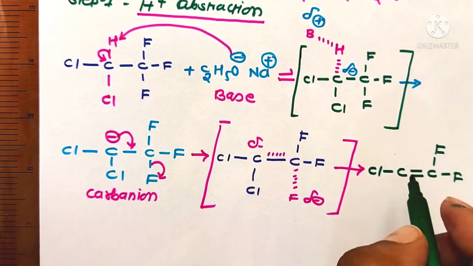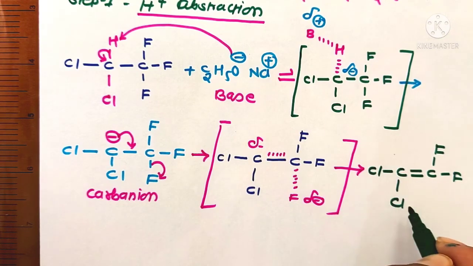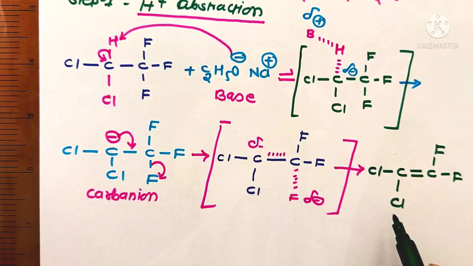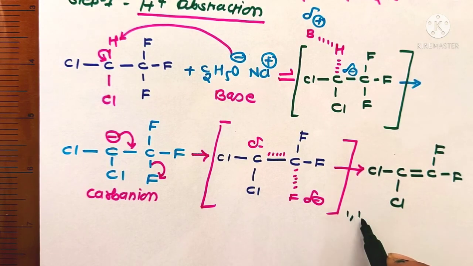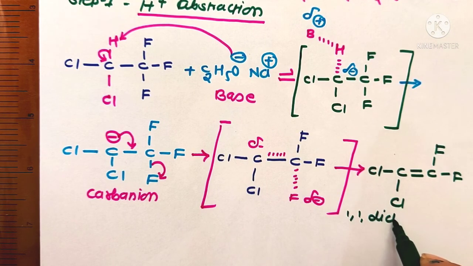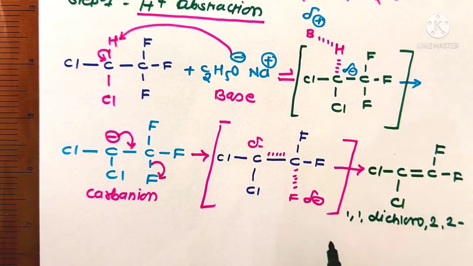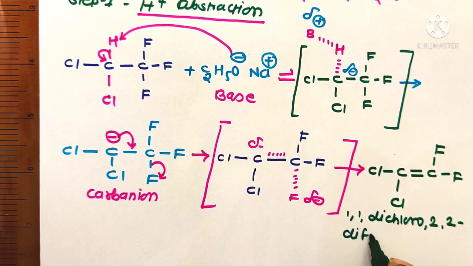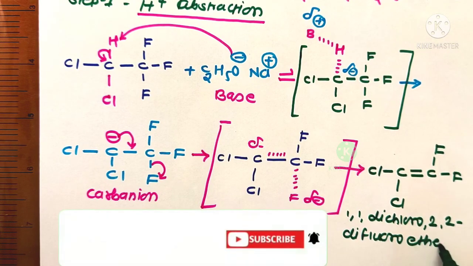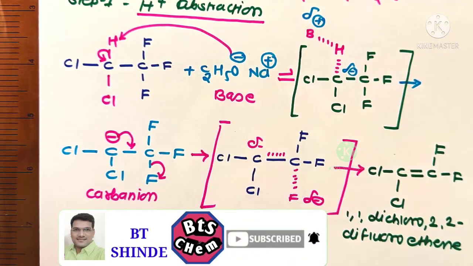Here the Cl atoms, that is formation of 1,1-dichloro-2,2-difluoroethene as the final product of this reaction.